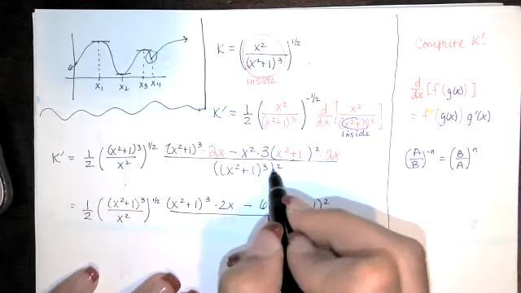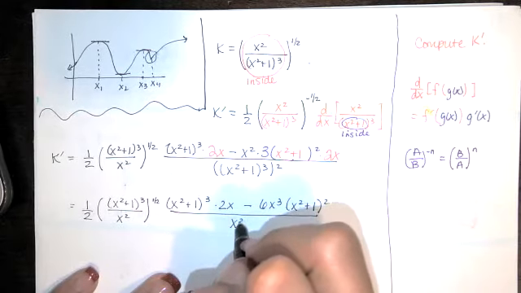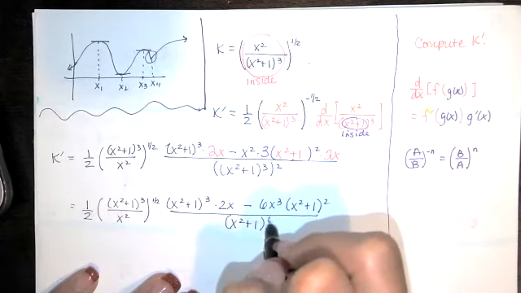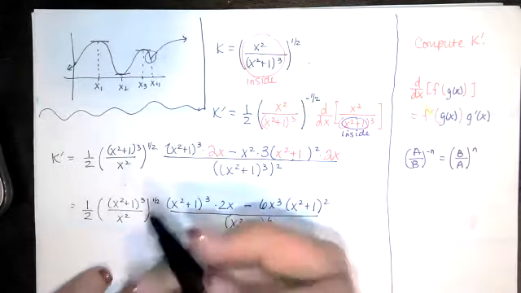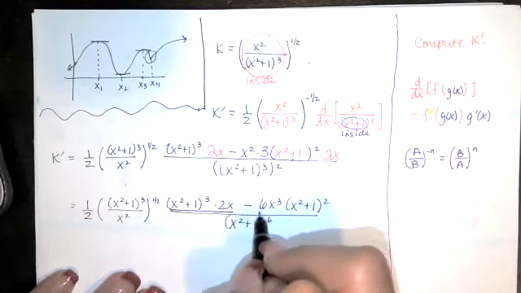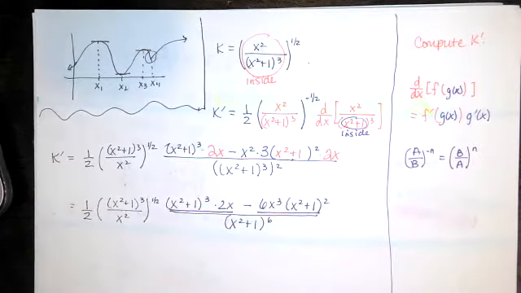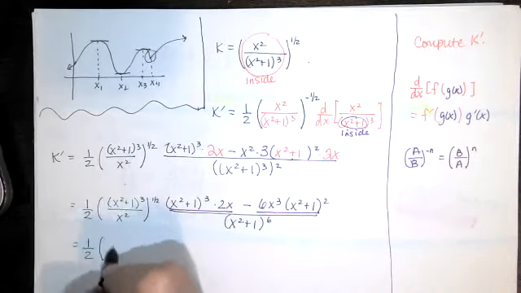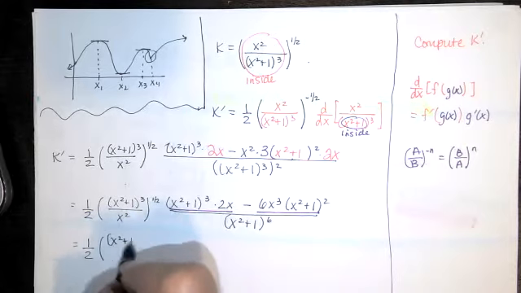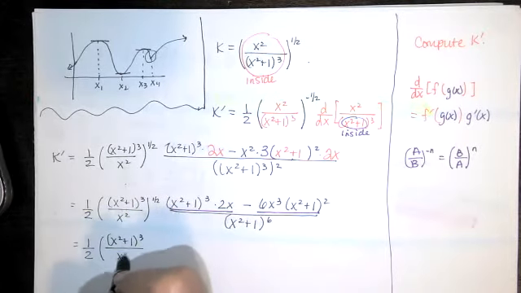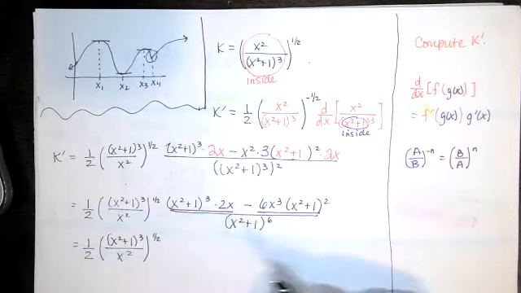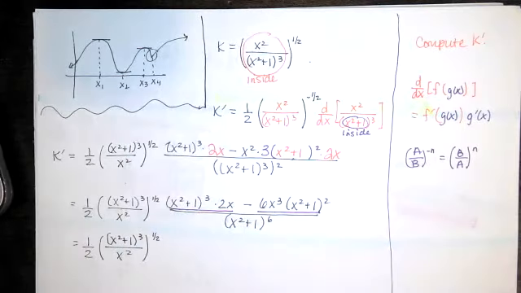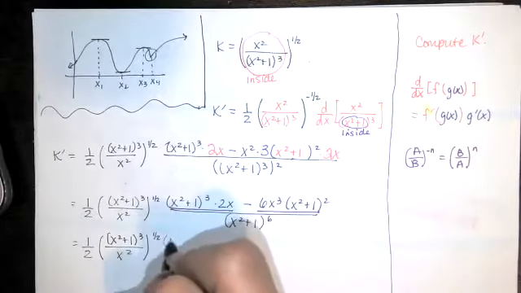And I've got a power raised to a power. We multiply the exponents. So that's (x squared plus 1) to the 6th. Now, when I look at this expression and this expression, I see that they both have an x squared plus 1 in common. So I'll factor out an x squared plus 1 from those.